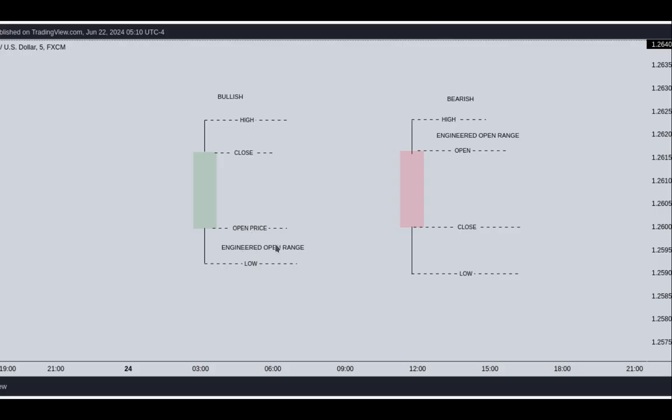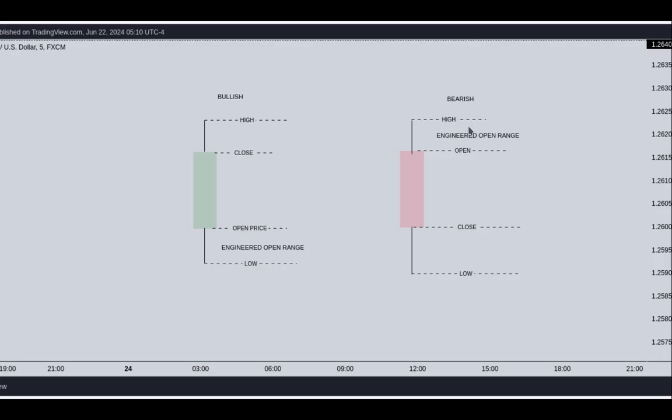In this range is where we look for buys. We want to buy within this engineered open range and target the high or the close. We do not need to predict the close. All we need is the open price and the low. Then we can take our entries in the engineered open range. So we buy at this level here and target the high or the close.